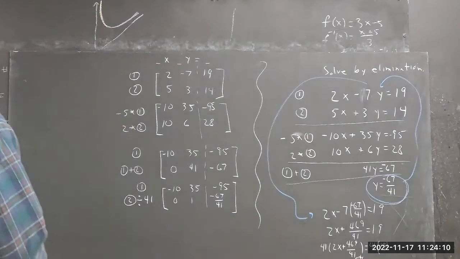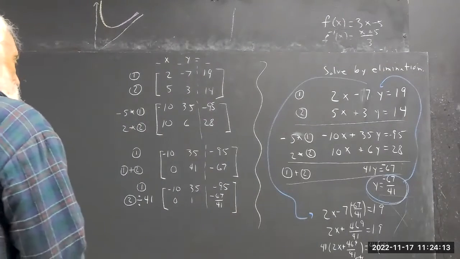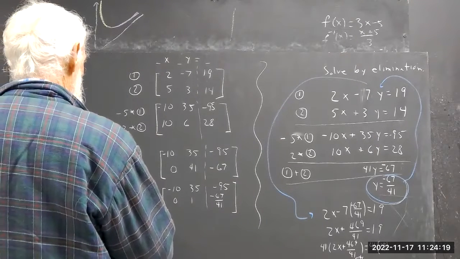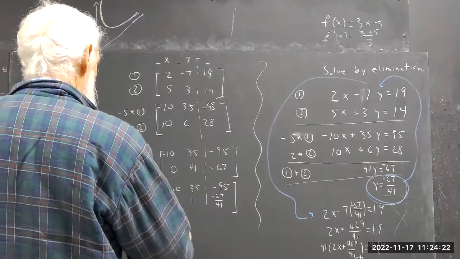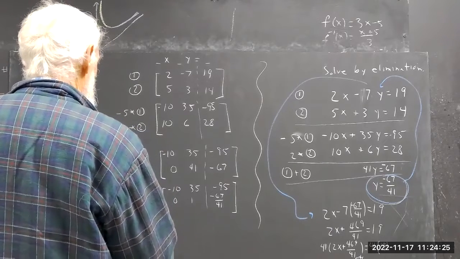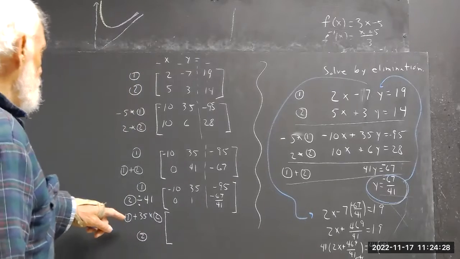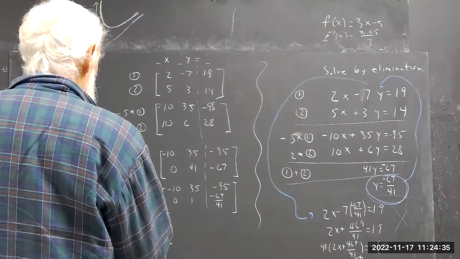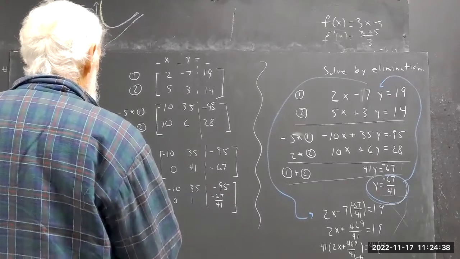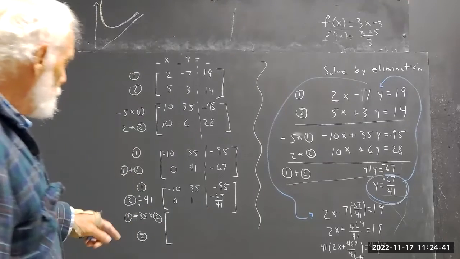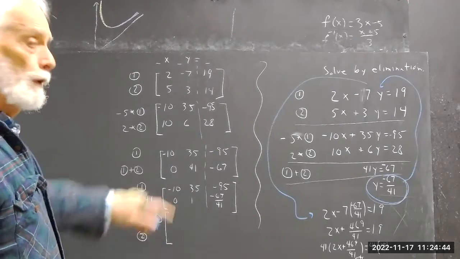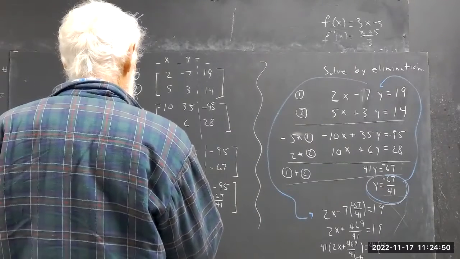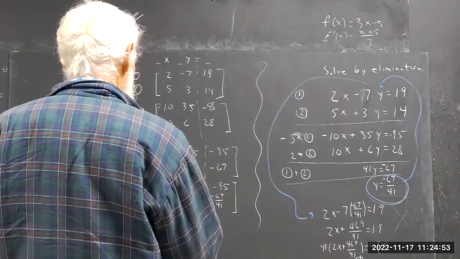Okay. What I can do next is I'm going to add row 1 to negative 35 times row 2, or I'm going to subtract 35 times row 2 from row 1. Okay, so I'm going to get negative 10.